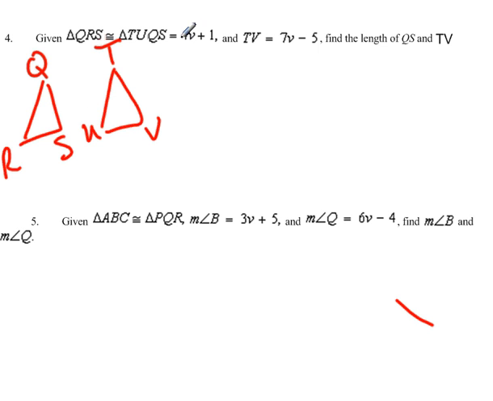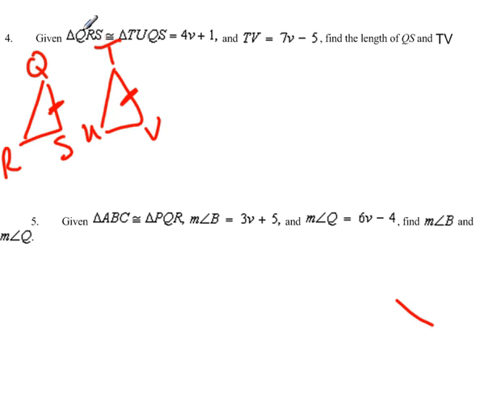It tells me that QS, which is this segment, is 4v plus 1, and TV, which is this segment, is 7v minus 5. Find the length of QS and TV.